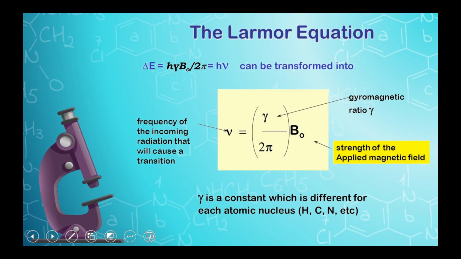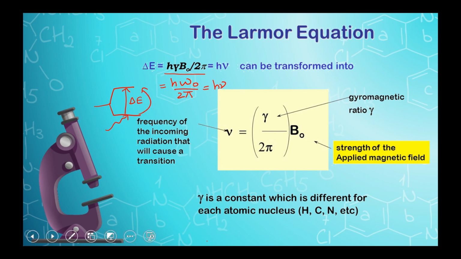Now, how are they related to the energy difference? This is the splitting energy, the splitting between the levels. This is delta E. Now this delta E is equal to h gamma B0 by 2 pi, or I can say h omega 0 by 2 pi. And this energy is also equal to h nu, which is the radio frequency which I'm going to supply to excite the nuclei from the lower state to the higher state.